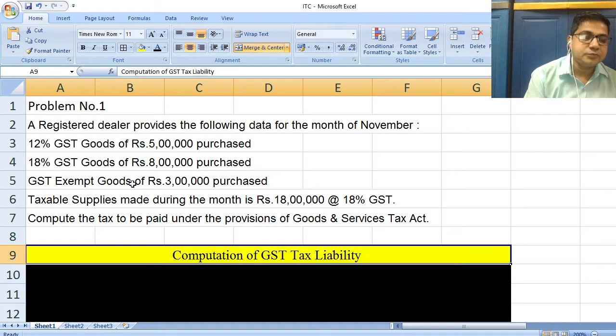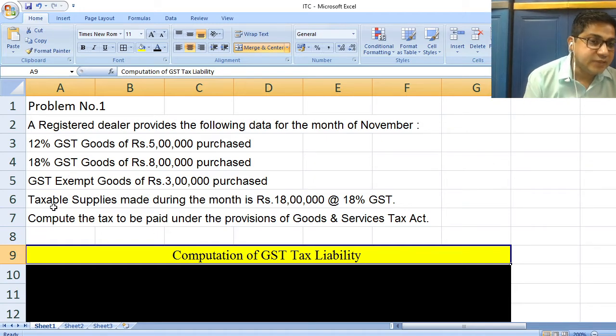On the 5 lakh of goods, he has paid 12% GST. On the 8 lakh rupees of goods, he has paid 18% GST. And the 3 lakh of goods was totally exempted, no need to pay GST. It means at the time of purchase, the registered dealer paid GST of 12% and 18%.